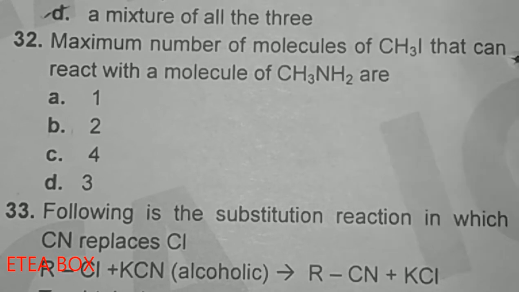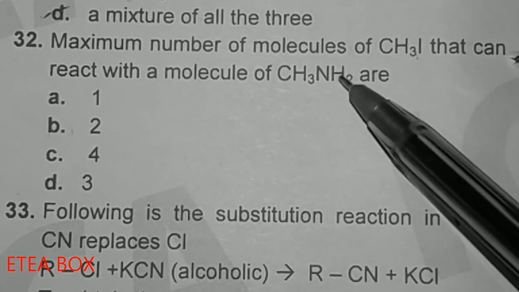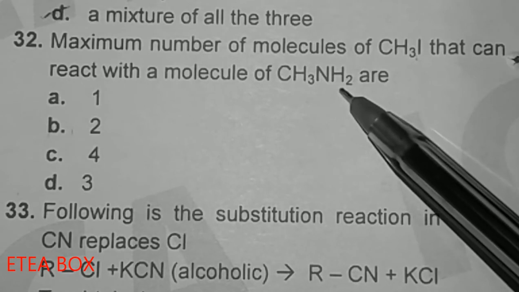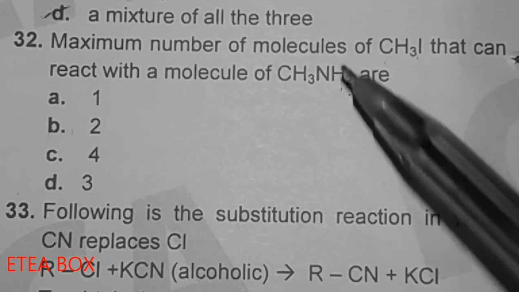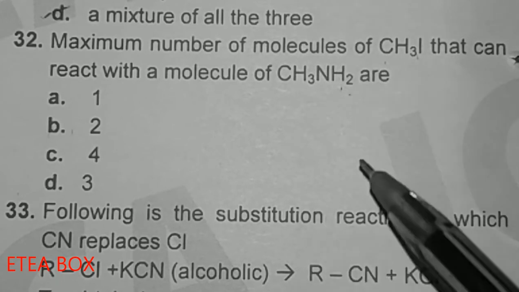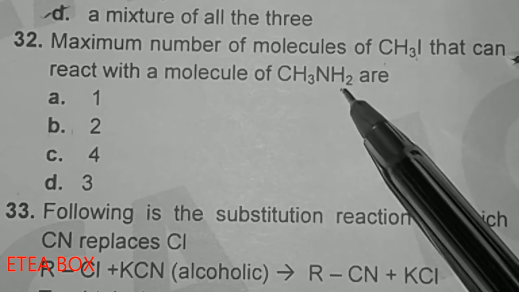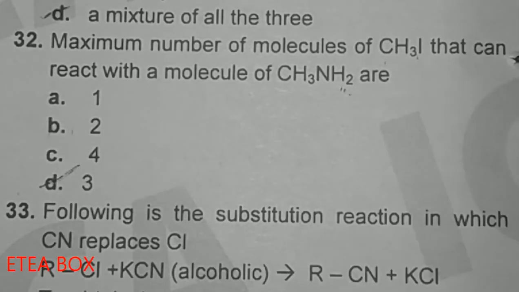The first molecule will replace one hydrogen, the second one will replace another hydrogen, and the third one will come and attach to the lone pair of the nitrogen. So primary, secondary, tertiary and quaternary amine will form. The maximum number is 3.